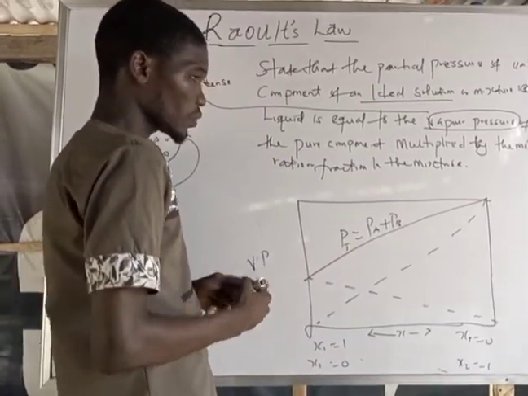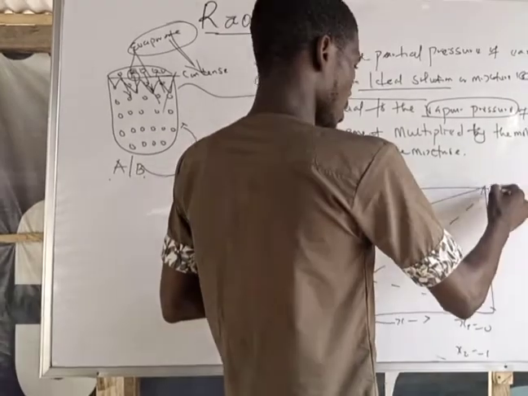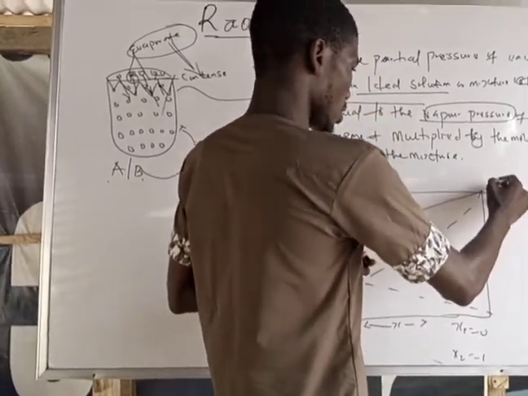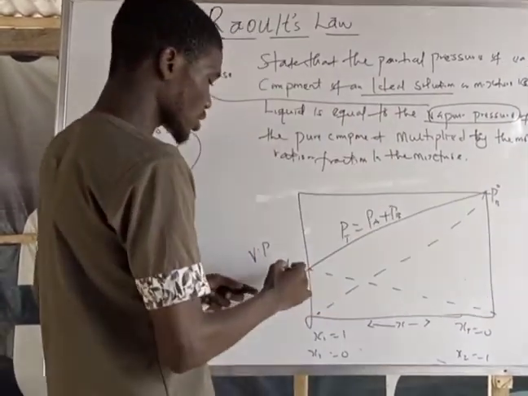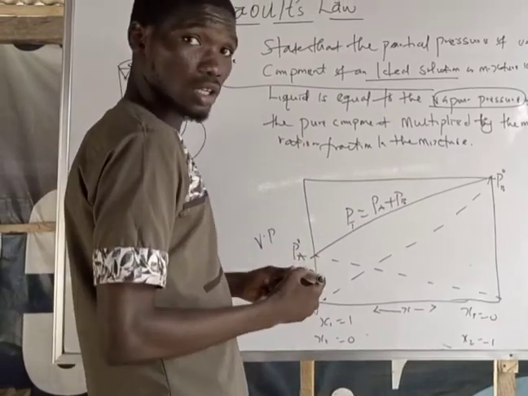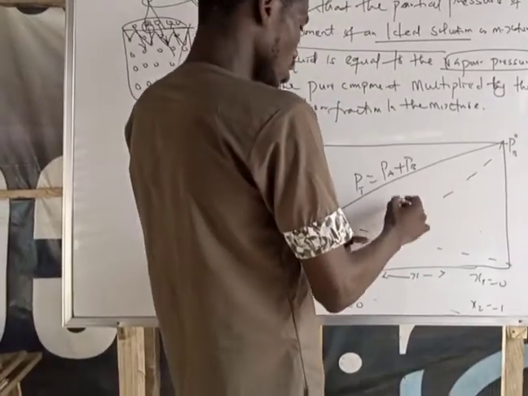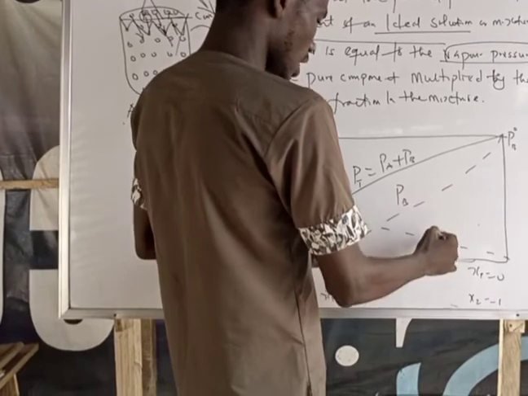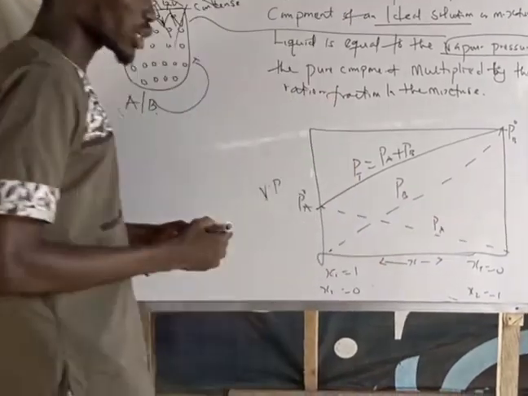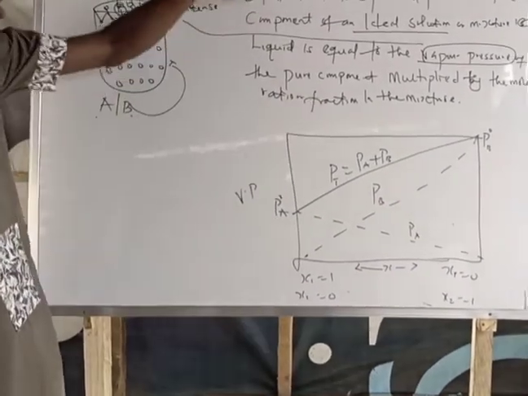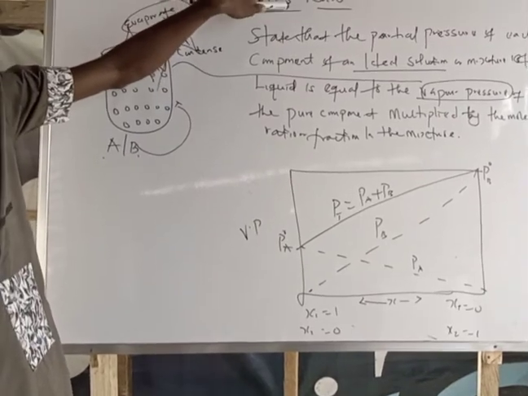Here I have my P naught B, and I also have my P naught A here. This here will give us PB, and here I have my PA. Let me explain this particular graph with respect to Raoult's law.